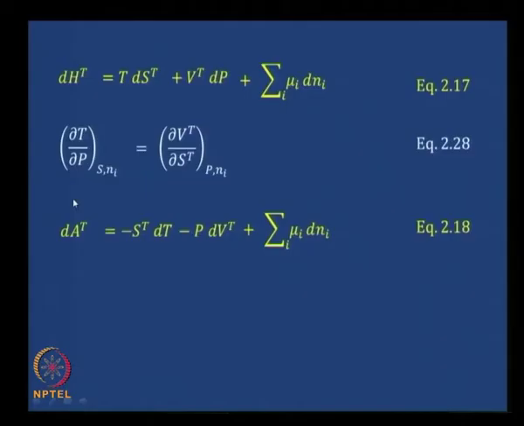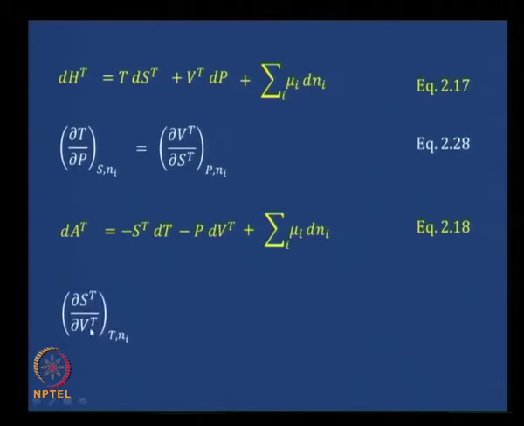Let us consider dAt now. We already have equation 218 as dAt equals minus St dT minus P dVt plus summation of mu i dni. Now, it must become second nature to you.